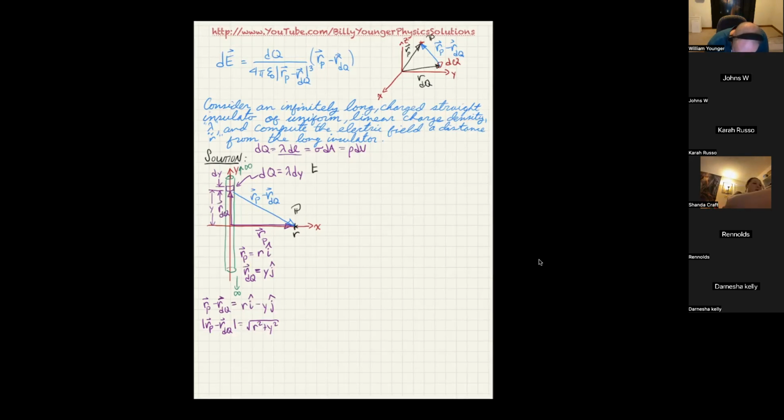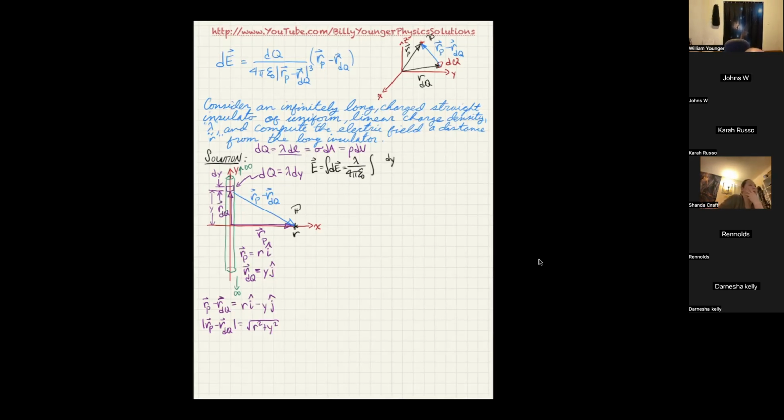So the electric field E is equal to the integral of dE, which equals, I'm going to go ahead and pull out the lambda and the 4 pi epsilon naught. So lambda over 4 pi epsilon naught. Notice that is just part of the dq and then the 4 pi epsilon naught from the formula above. Now the rest is going to be the integral of, now I've already pulled out the lambda, so all I have left of the dq is dy.